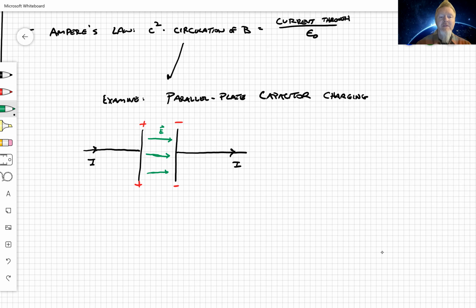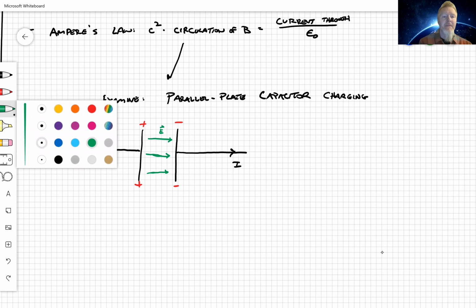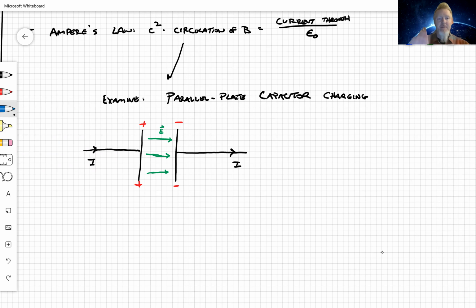Okay. All right. So now what we're going to do is take a look at applying Ampere's law. When I look at this term here, the current through, right? That current is the flux of the current density through the surface made by the circulation loop.